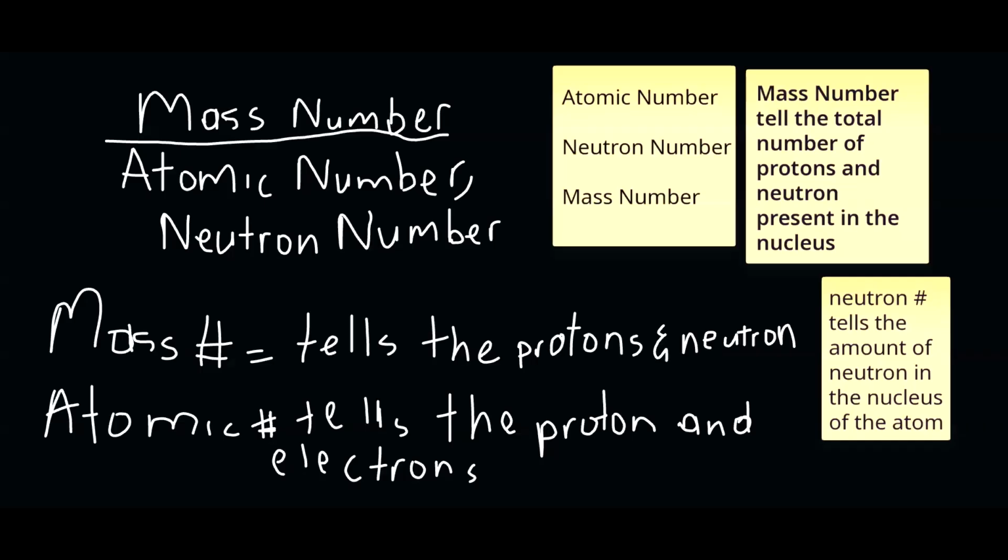The atomic number tells the number of protons and electrons. Bear in mind that the overall charge on atoms is neutral, right? The neutron number tells the amount of neutrons in the nucleus of the atom.